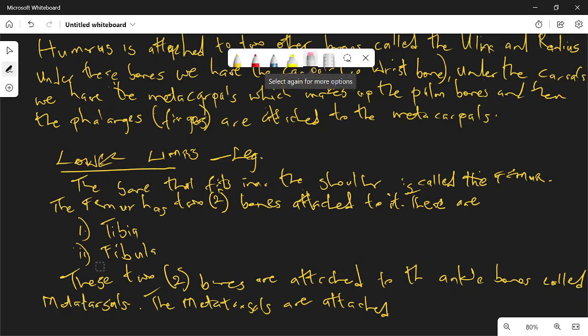The ankle bones, they are called the tarsals, not metatarsals, please. And then the tarsals are attached to the what? The metatarsals.